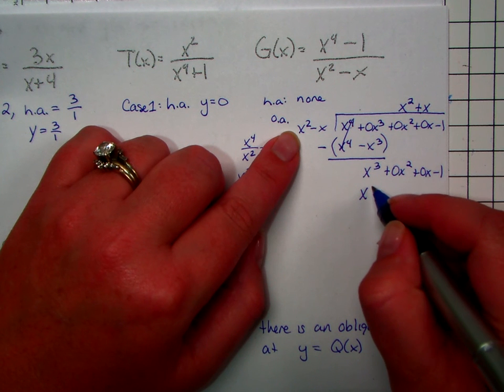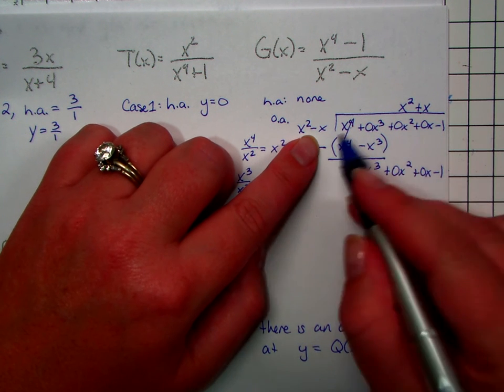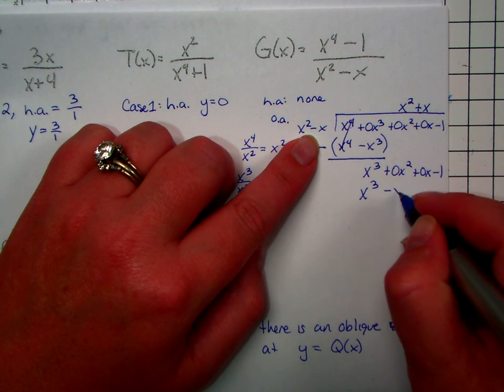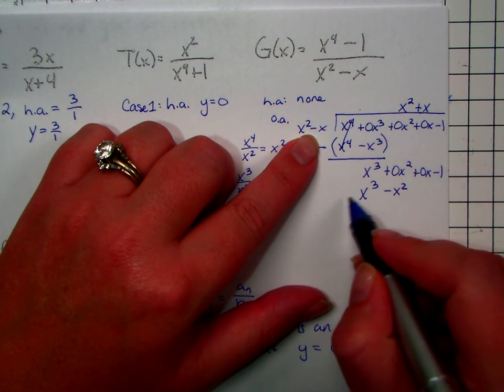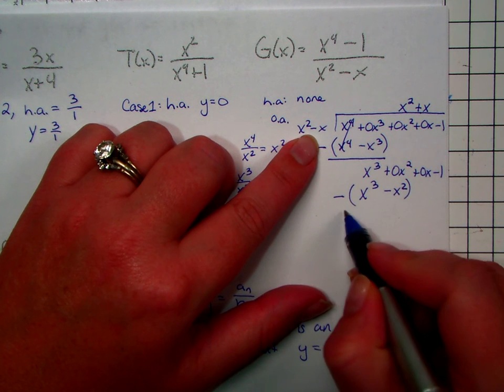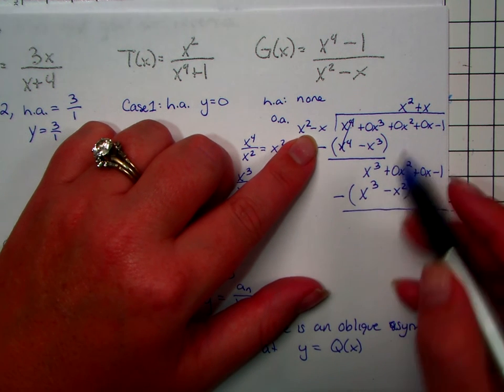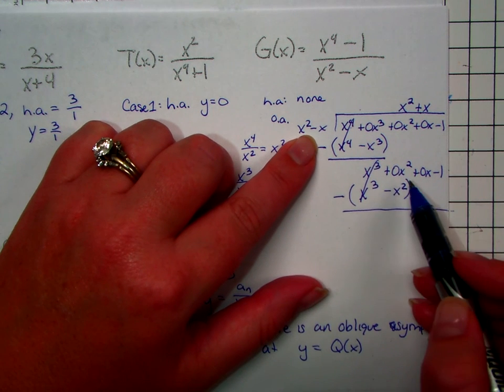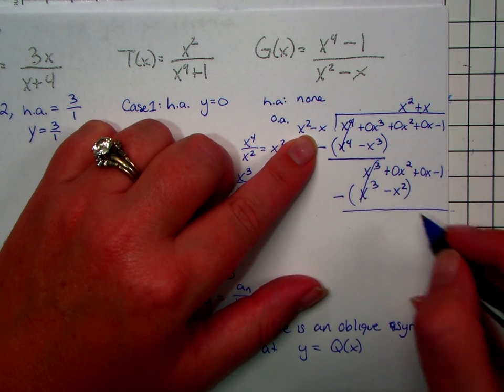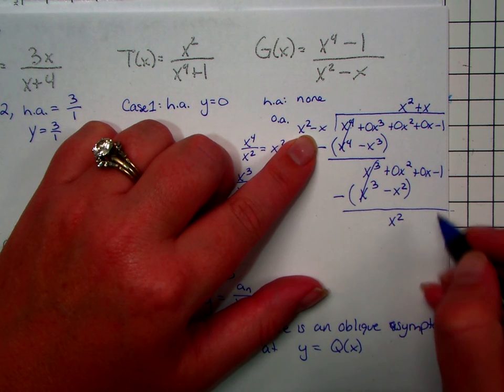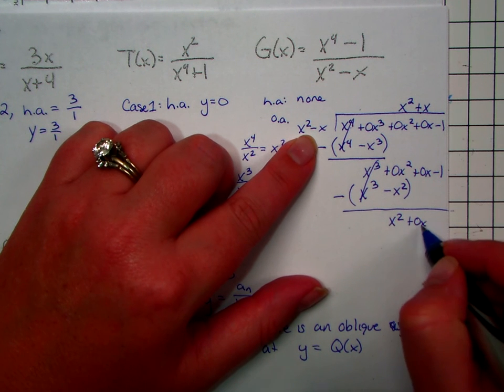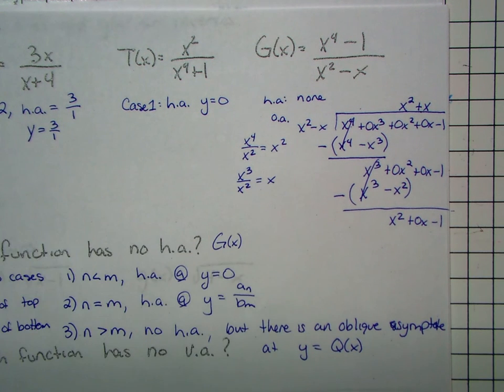So x times x squared is x cubed. X times negative x is negative x squared. And then we need to subtract. Okay. X cubed minus x cubed cancels. 0x squared plus x squared is a positive x squared, and the rest of it gets copied down, right?